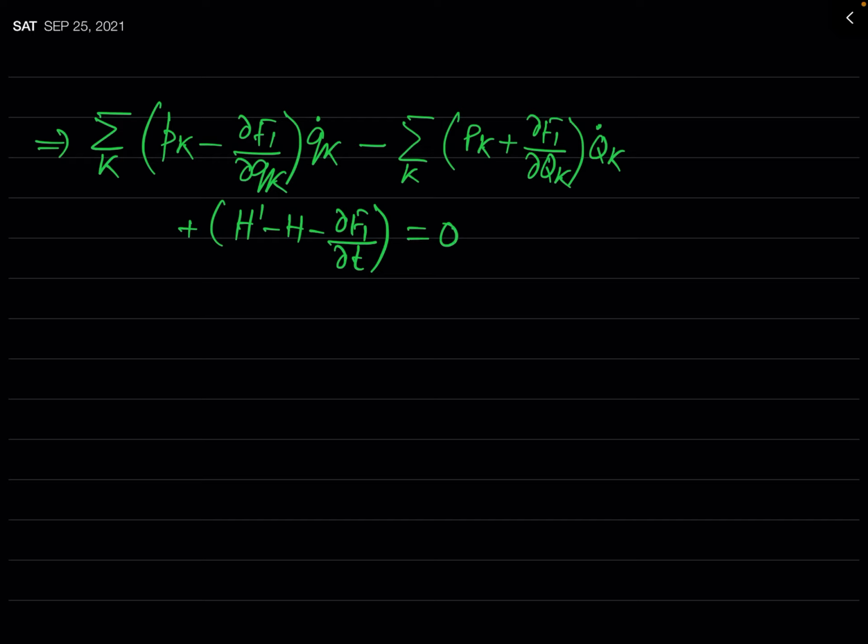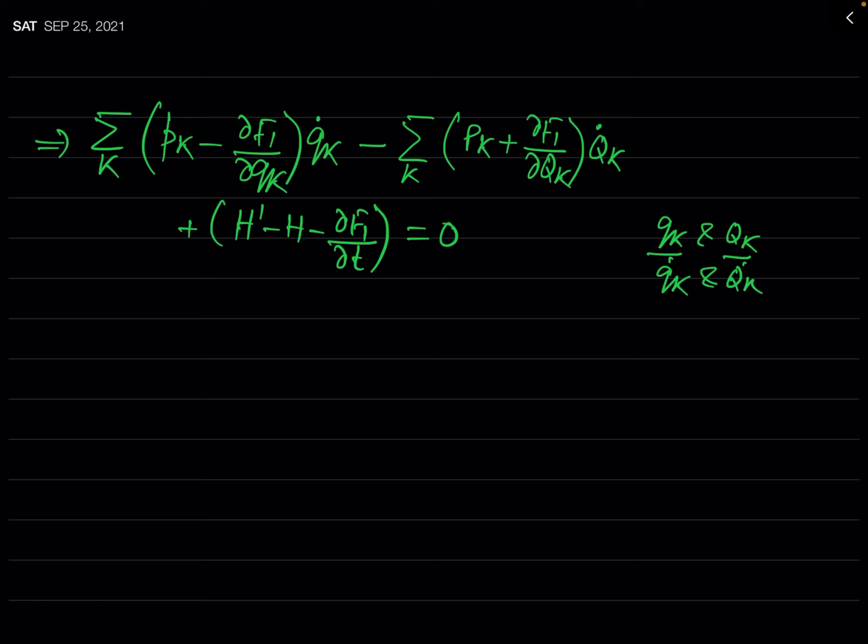Now see, as you know that this small qk and this capital Qk are actually independent variables, and if small qk and capital Qk are independent variables, then this qk dot and this capital Qk dot will also be independent from one another.